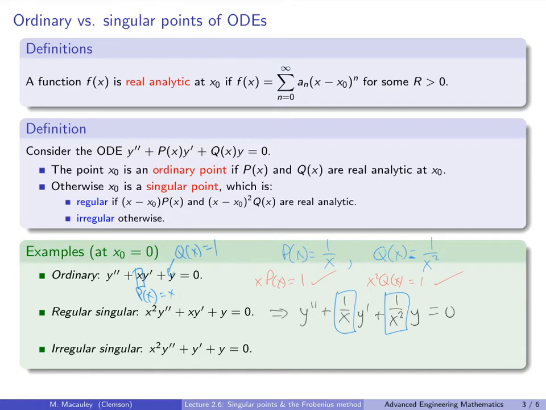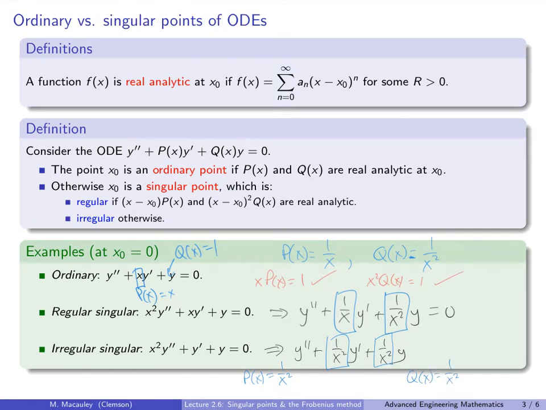Okay, here's a non-example. So I claim 0 is an irregular singular point of this equation. Let's see why. Let's do the same thing. y double prime plus, now we have 1 over x squared, y prime plus 1 over x squared y. Once again, this is p and this is q. So p of x equals 1 over x squared, and q of x equals 1 over x squared.